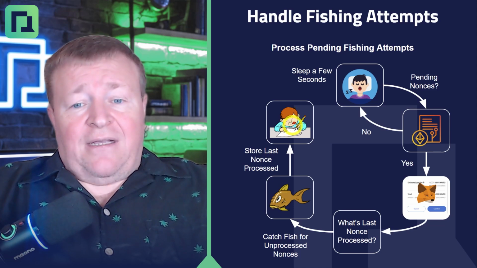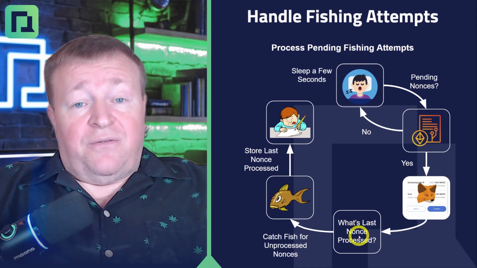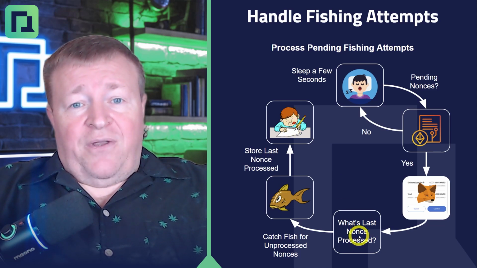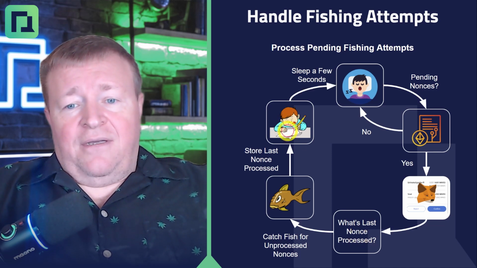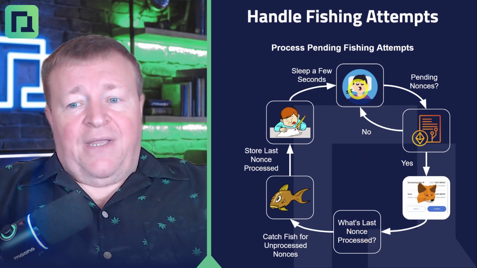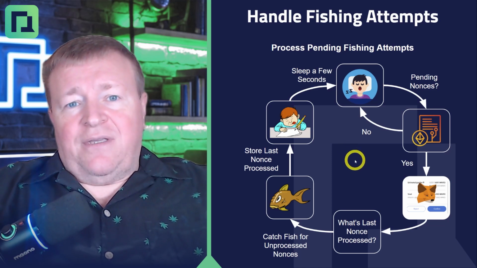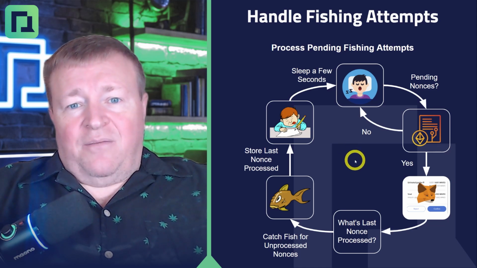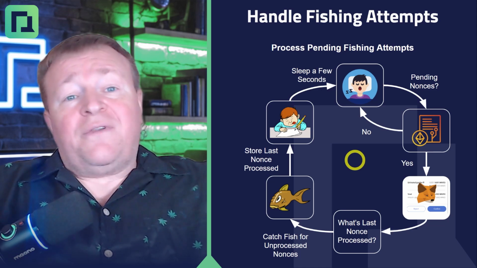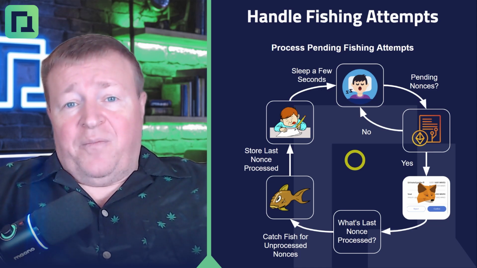Then we store the last nonce processed, which is what's used here. So we know where to start again in the list. And then we go back to sleep. And then the whole process repeats itself. So by doing this, we've developed a system that doesn't rely on events, doesn't rely on hopefully catching them, and doesn't rely on a third-party service.